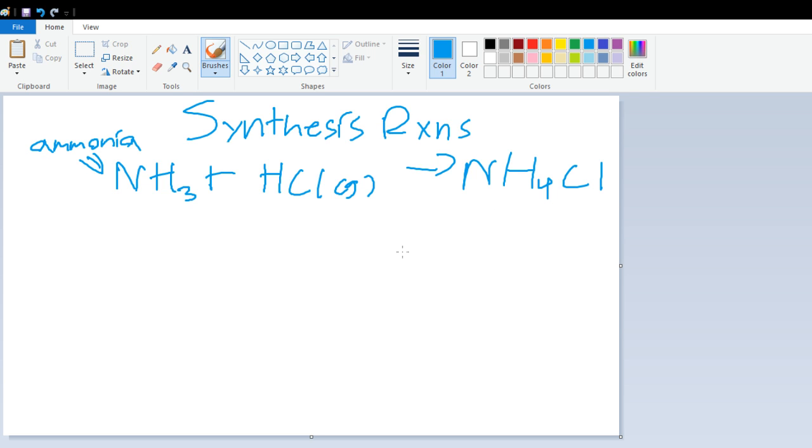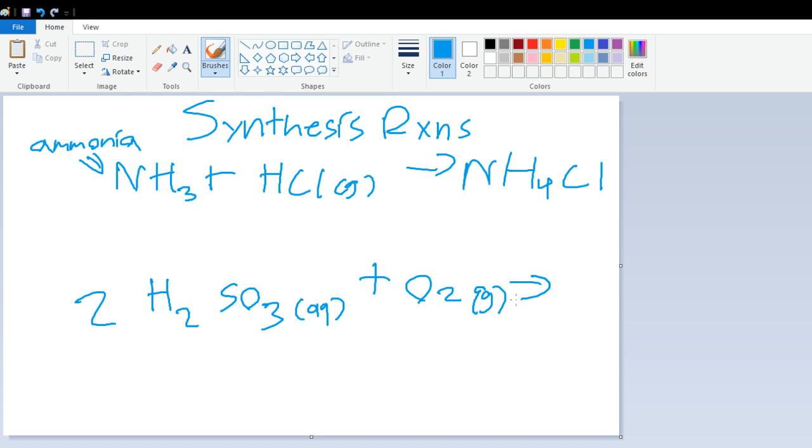And the last synthesis reaction you're going to have to memorize, that's probably going to catch a lot of people off guard, I don't remember it, but it's going to be acid rain, which is going to be 2 H2SO3, sulfurous acid, aqueous, and oxygen gas to create sulfuric acid.